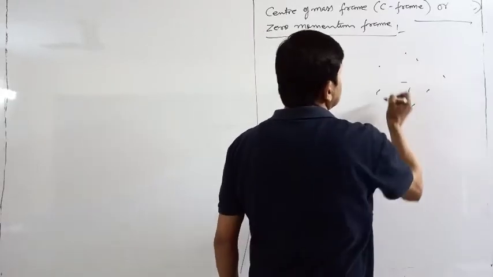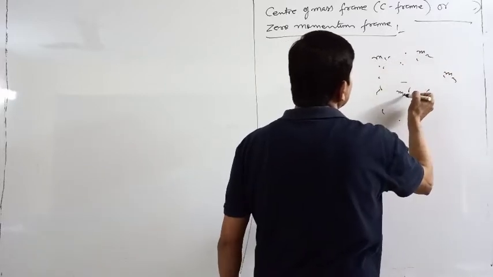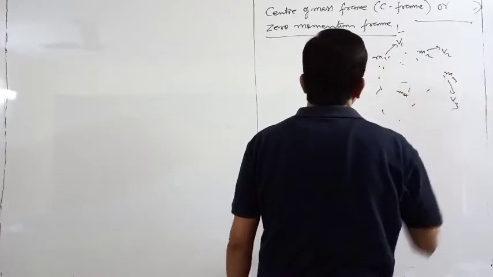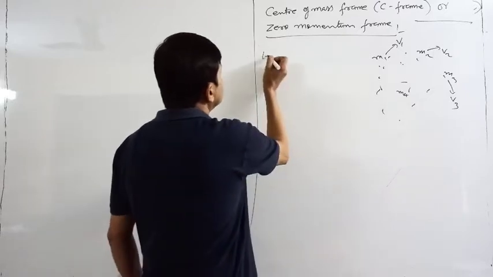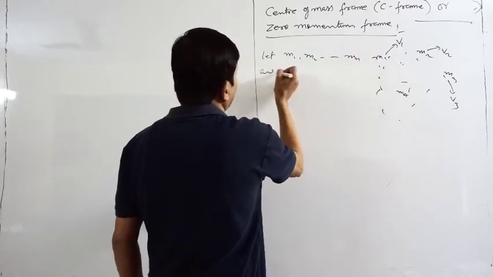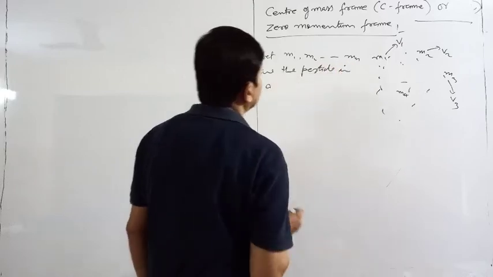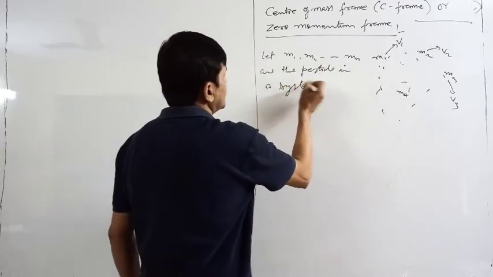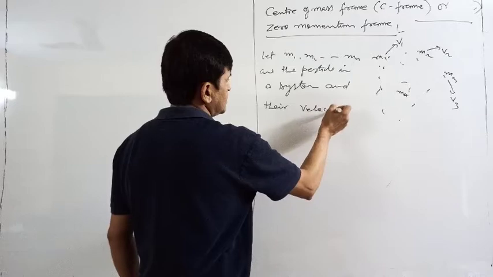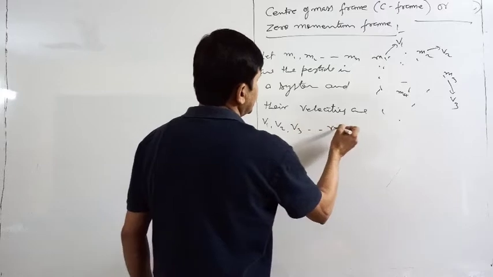Let these be the different particles in the system, m1, m2, m3, m4, and their velocities v1, v2, v3 respectively.